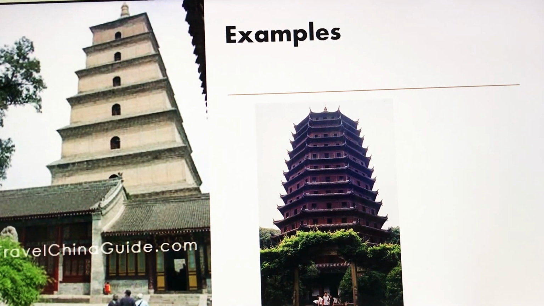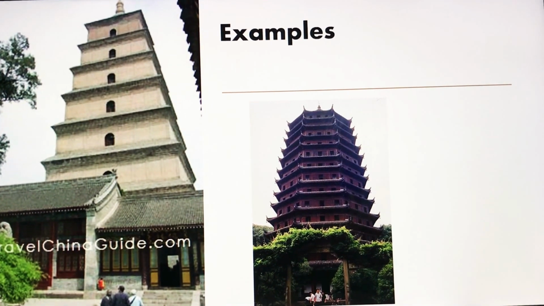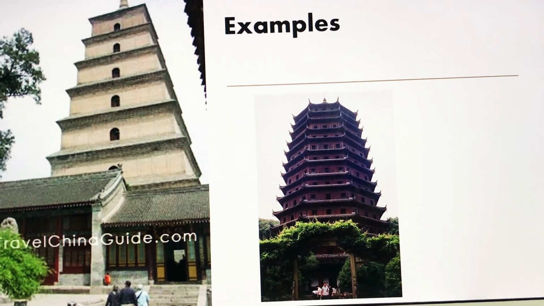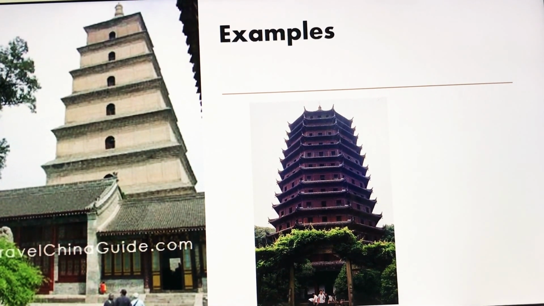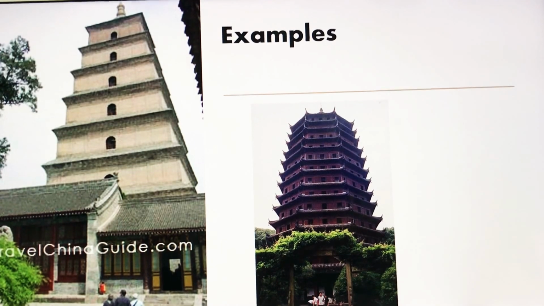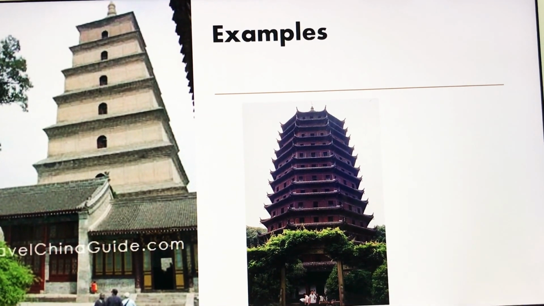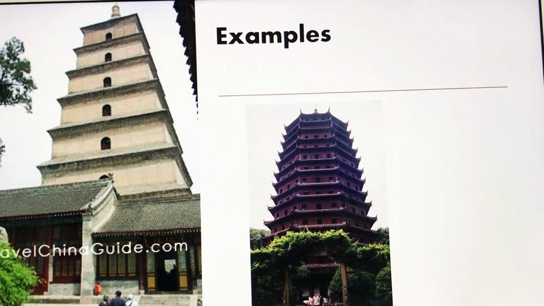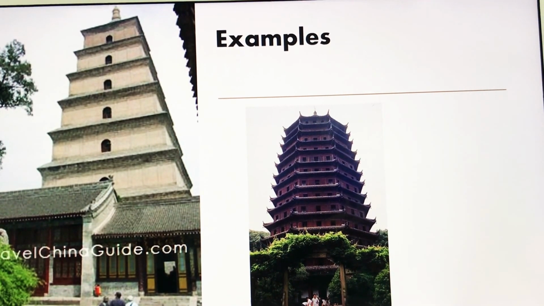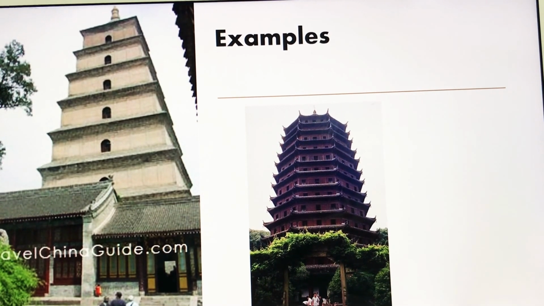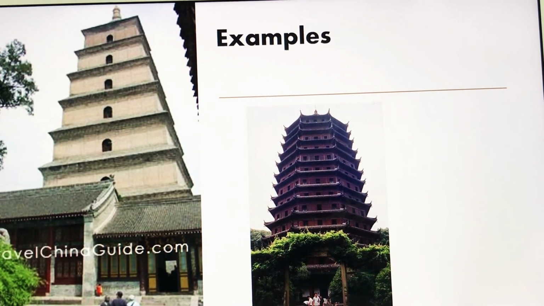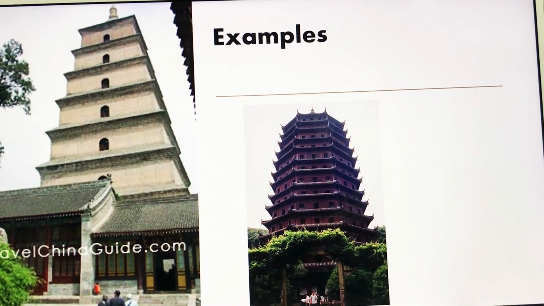So basically, this is what we call the pagoda. A pagoda is basically a Buddhist architecture style of temple. They usually have odd numbers of roofs. Most likely the roofs, as you see, have a lot of curved angles, and also geometric shapes too.